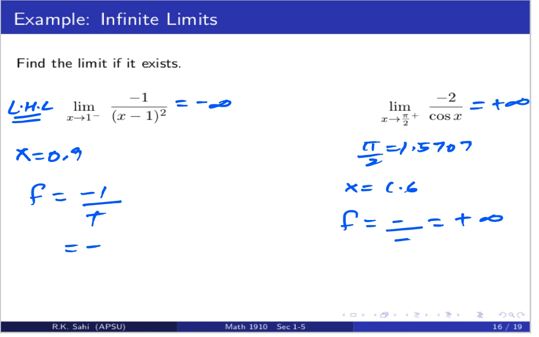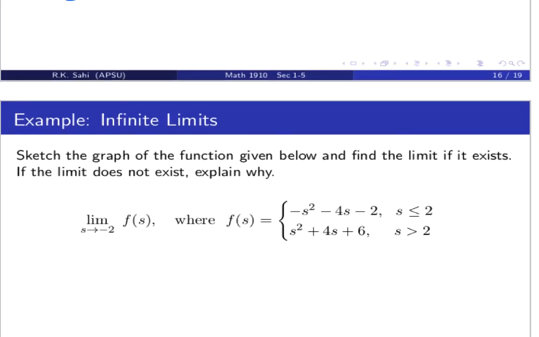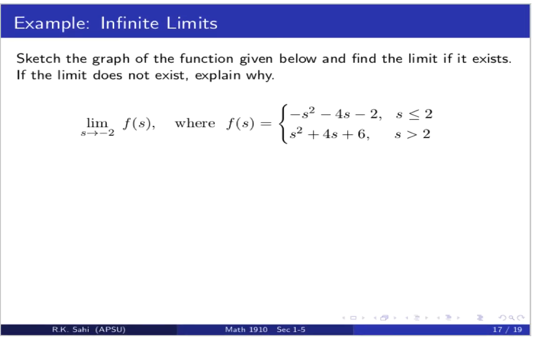Okay. We're going to talk about sketching the graphs and then finding the limits, and if it exists, what do we do? Now here is a function. Notice these two are actually squaring functions. It's a piecewise function, and both the functions inside this piecewise are squaring functions. We would like to know the limit of this function.